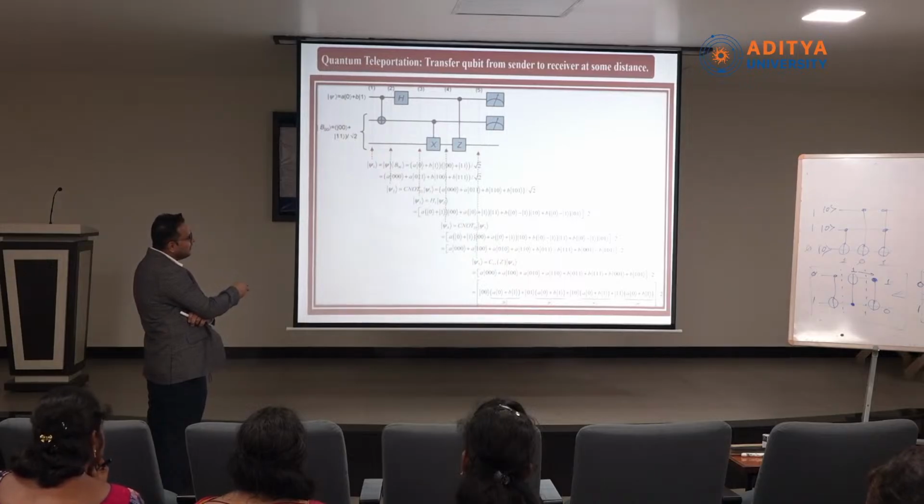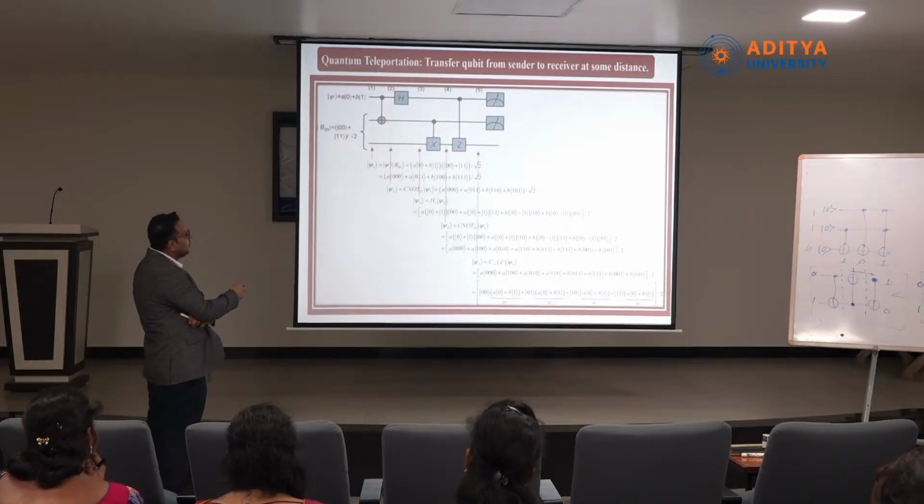So now A 000, A 011, B 110 and B 101, divided by root 2. How is this happening? Because we have applied the CNOT gate here. CNOT means whenever the first qubit is in state 1, apply the NOT operation on the second qubit. Here the first qubit is 0.